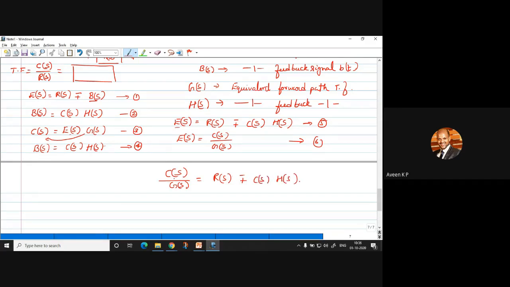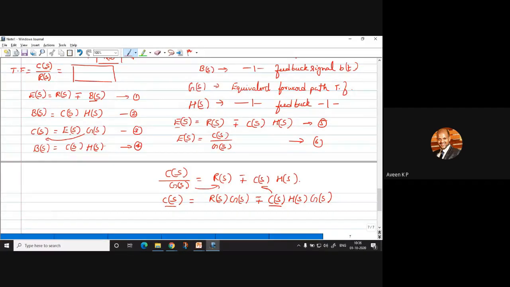Now I keep C of S as it is and cross multiply G of S to the RHS. So C of S equals R of S multiplied by G of S minus or plus C of S, H of S, G of S. You can see C of S is common, so I move this complete term to the LHS.